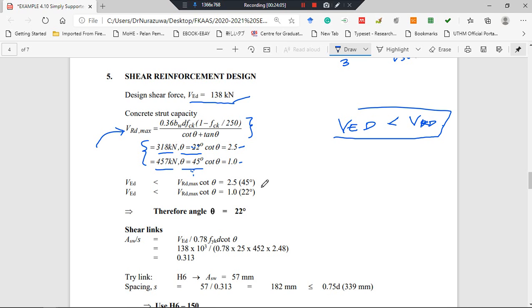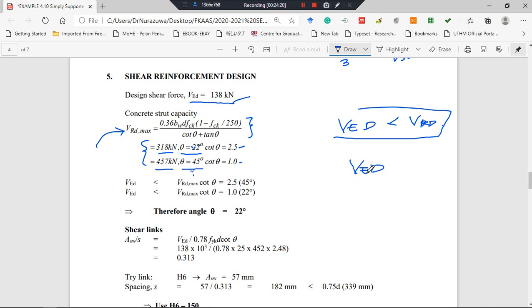So between these two angles, for the next checking, we check the VED.